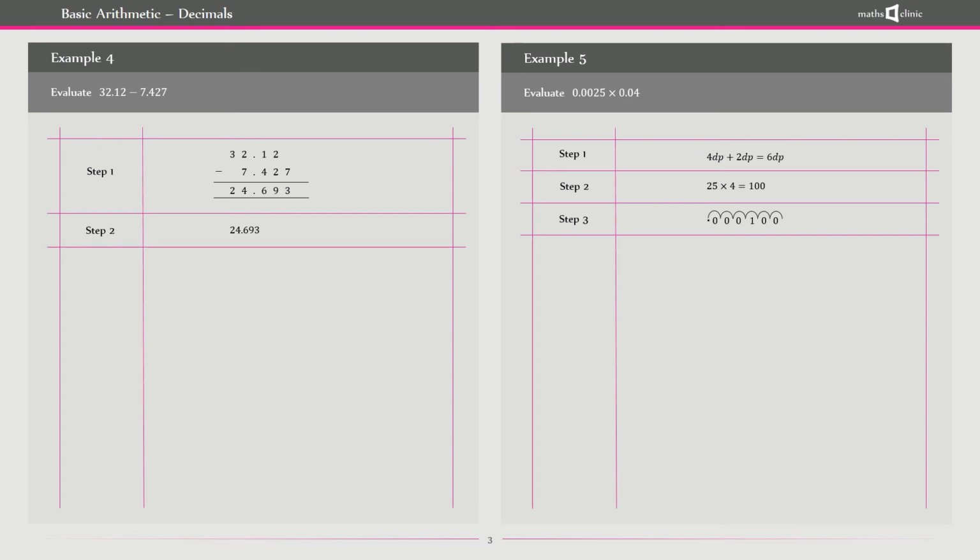The zeros before the one count, but the zeros right after the one do not count. So we can have our final answer as 0.0001. And that is how you multiply decimals. Okay, so let's move on.